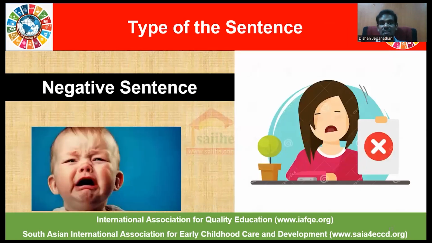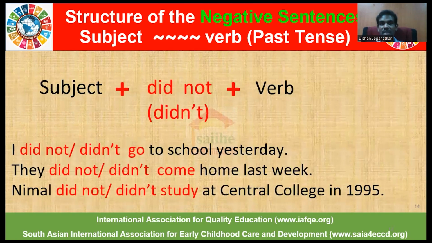Now let's look at the negative sentences. The structure of the negative sentence in past tense goes as subject plus did not or didn't plus the verb. I didn't go to school yesterday. They didn't come home last week. Nimal didn't study at Central College in 1995.